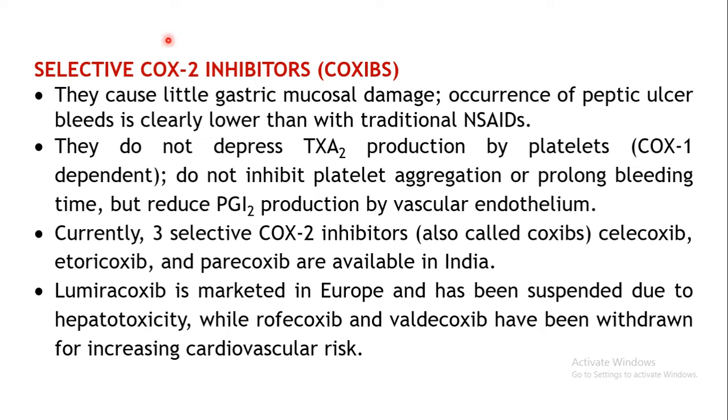That means they have negligible inhibitory effect on COX-1. So COX-2 is selectively inhibited, which is actually involved in the generation of the PGs mainly associated with inflammatory or pathological conditions. So several advantages will be seen with the use of these drugs, with all the complications like gastric toxicities and bleeding tendencies.